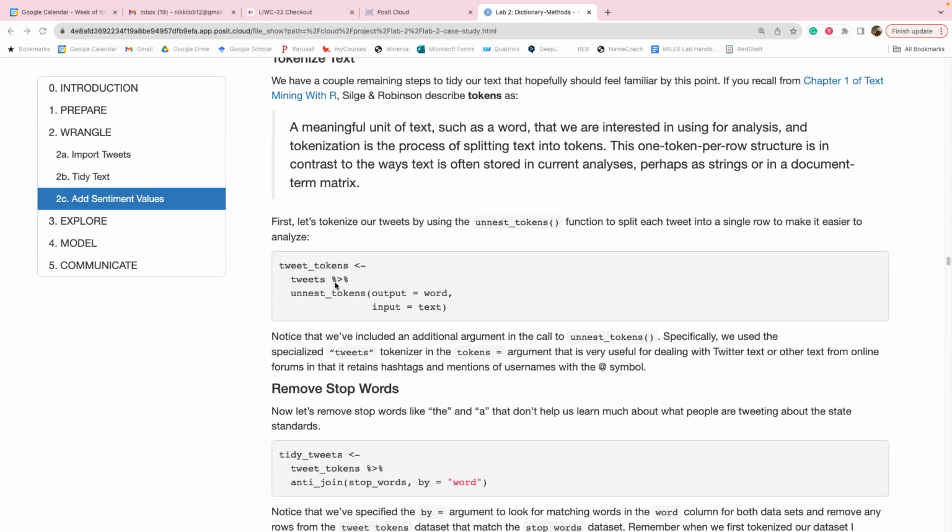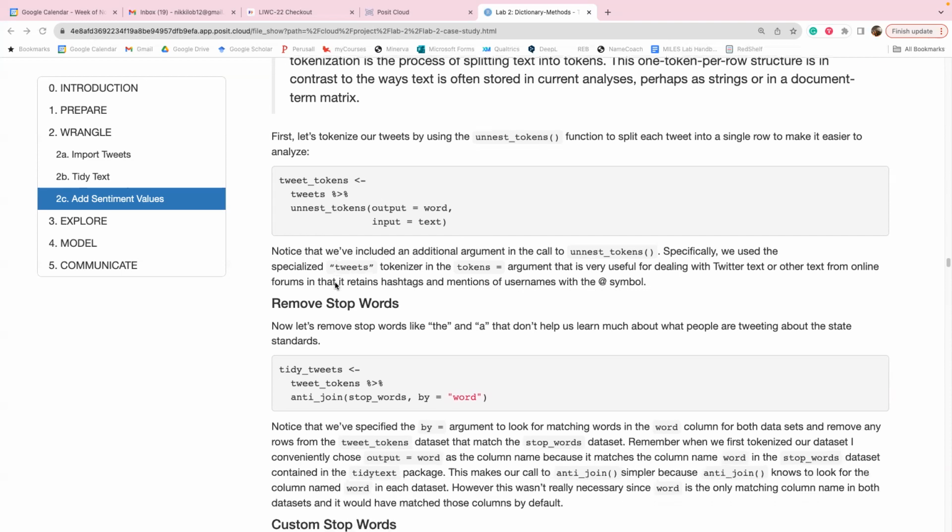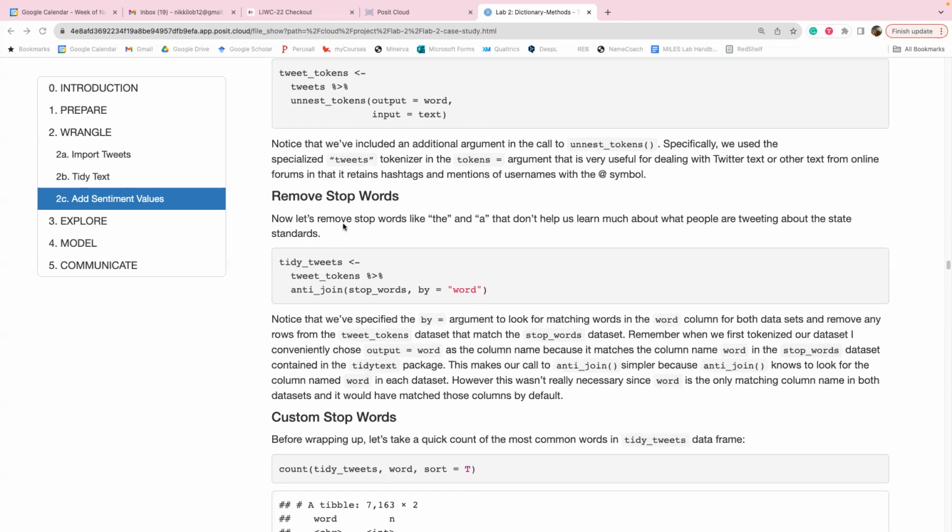But sometimes you can apply it to the whole tweet or utterance or whatever it is that you're doing. Then you're going to remove the stop words, the, and there's some other ones in there. And again, you can access this and see what are the words in there. You can also do anti-join and put in your own.